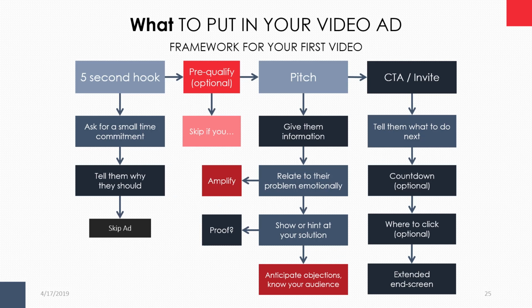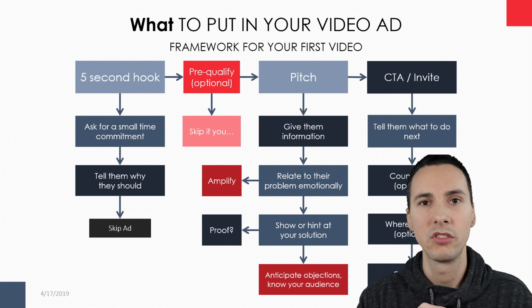So a lot of people don't know, but YouTube advertising only costs money when you actually get a view. So what's the definition of a view? Well, let's say your video is 30 seconds or longer. If the person watches 30 seconds or more, then you pay. Let's say your video is less than 30 seconds. Let's say it's 18 seconds.